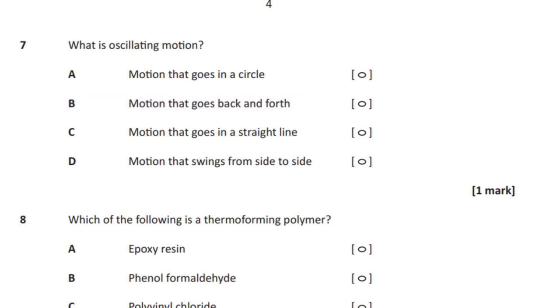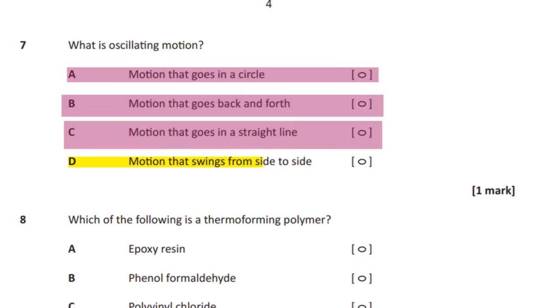And then there's oscillating, which is like a curvy wave, which goes from side to side. So the answer would be side to side. When it swings from side to side, it's oscillating, like a pendulum, for example. So the answer is side to side. So this would be rotary. This would be reciprocating, and this would be linear.